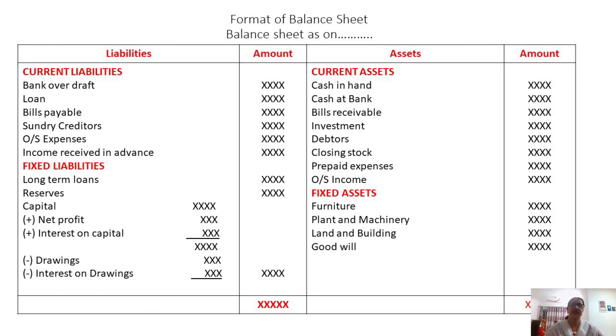Then fixed assets means the assets which are durable in nature. These assets are purchased for the use of the business and not for selling. If you are dealing in these assets, that becomes goods. This is taken for usage in the business, which is durable and which will last for a long time.